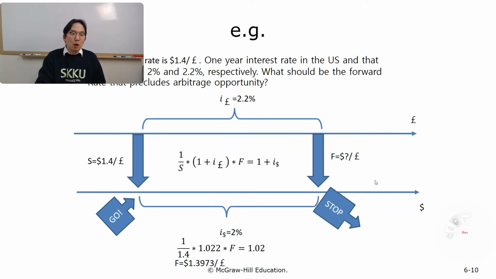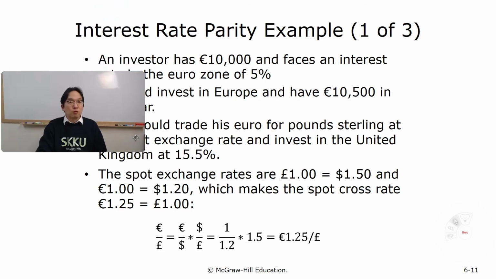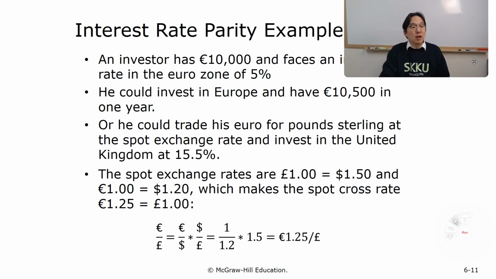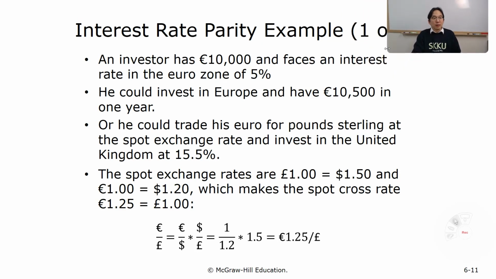Now, if we go to the next example, interest rate parity example 1 of 3, let's do it. An investor has 10,000 euro and faces an interest rate in the Eurozone. Maybe the guy is from France or Germany, and the Eurozone interest rate is 5%.